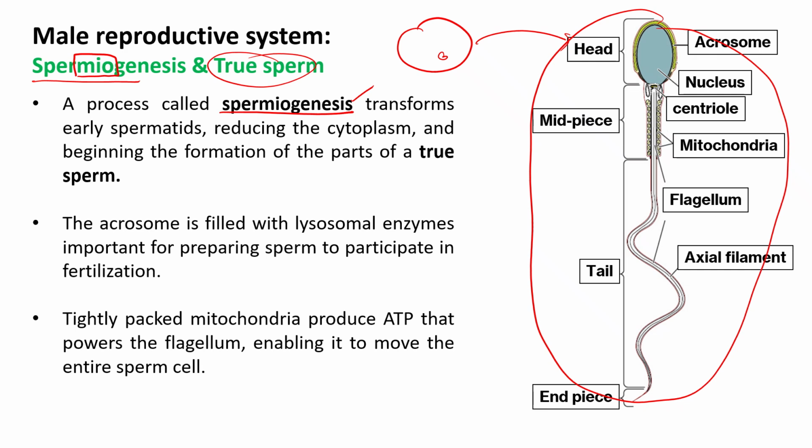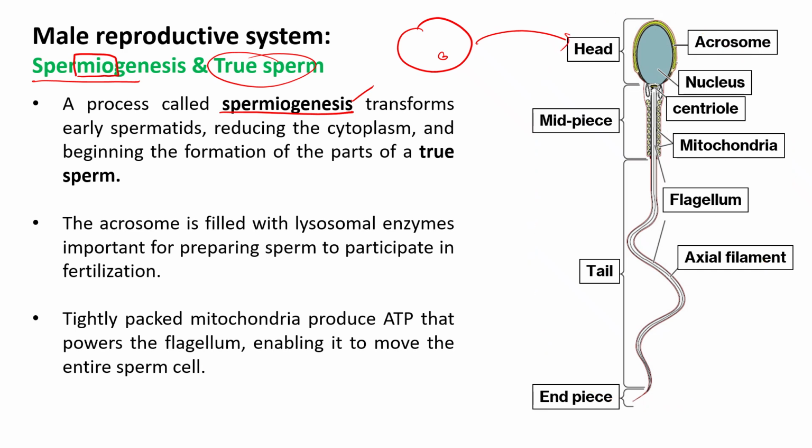A very important part here is to distinguish the parts of the sperm. The sperm has a head, midpiece or body, and a tail. The tail, especially this part, is also the one that we call flagellum. The flagellum is the part that is going to move.